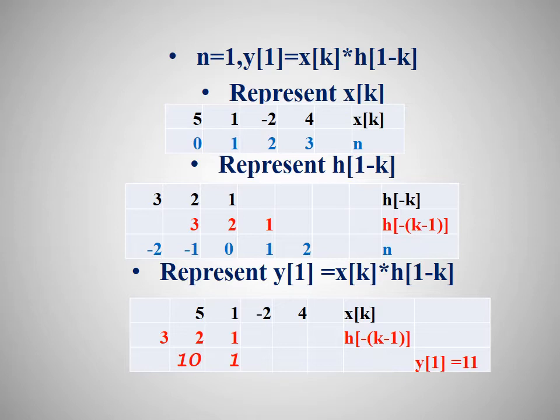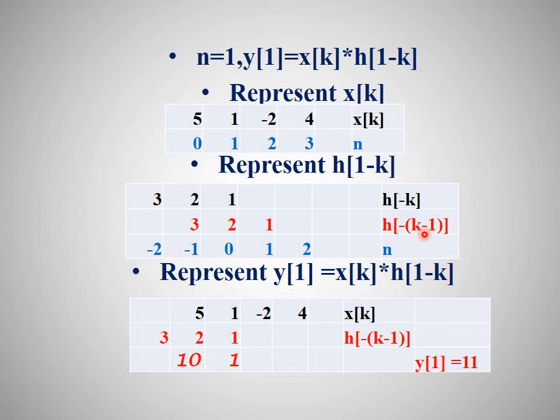For doing k minus 1, which is already the subtraction of h of minus k, we would just like to shift what has been obtained for h of minus k towards the right. So, what we have done is, what was available at minus 2 has gone to minus 1, what was available at minus 1 has gone to 0, and what was available at 0 has been shifted to 1, which means we have shifted.